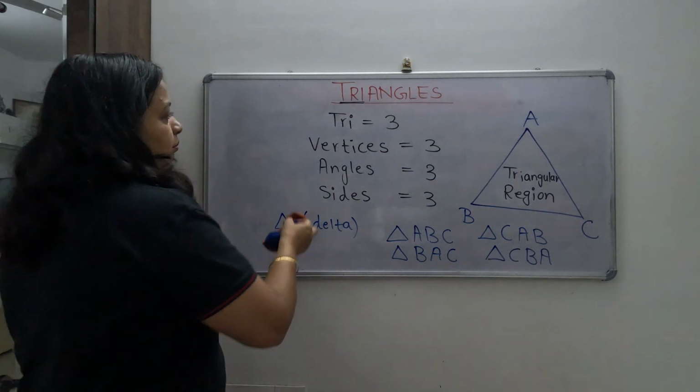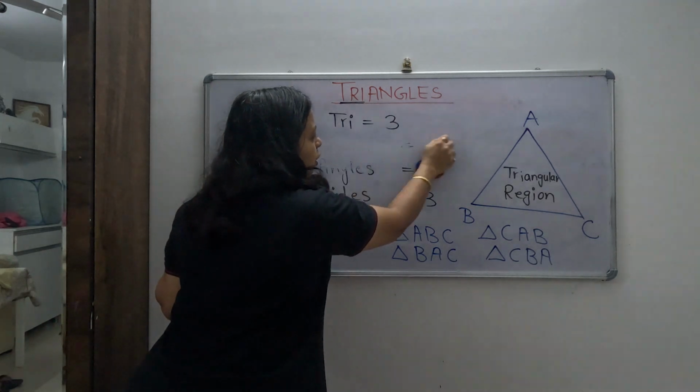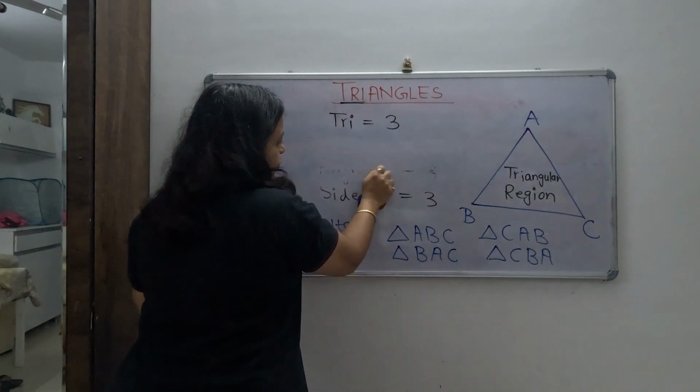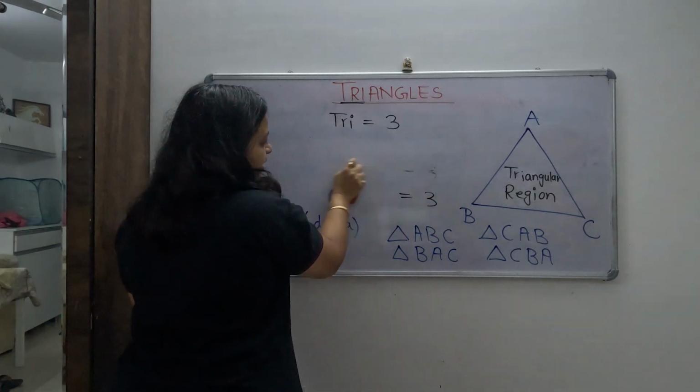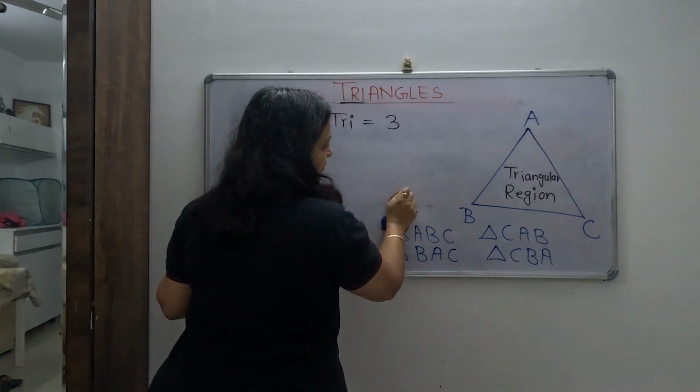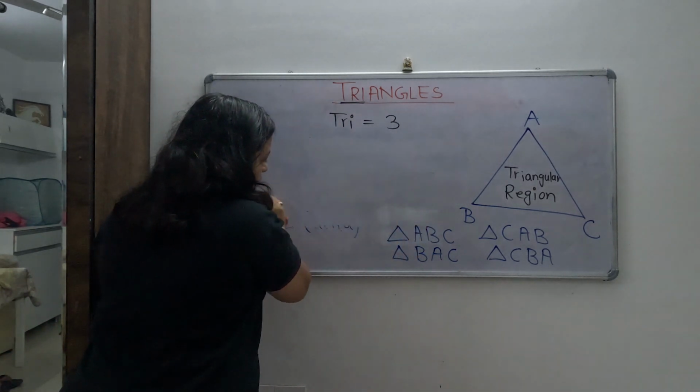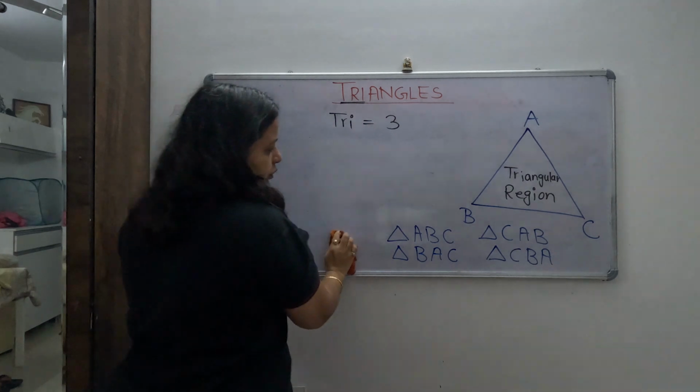Now, why do we call it a triangle? Because everything is related to 3 in the triangle. Tri means 3.